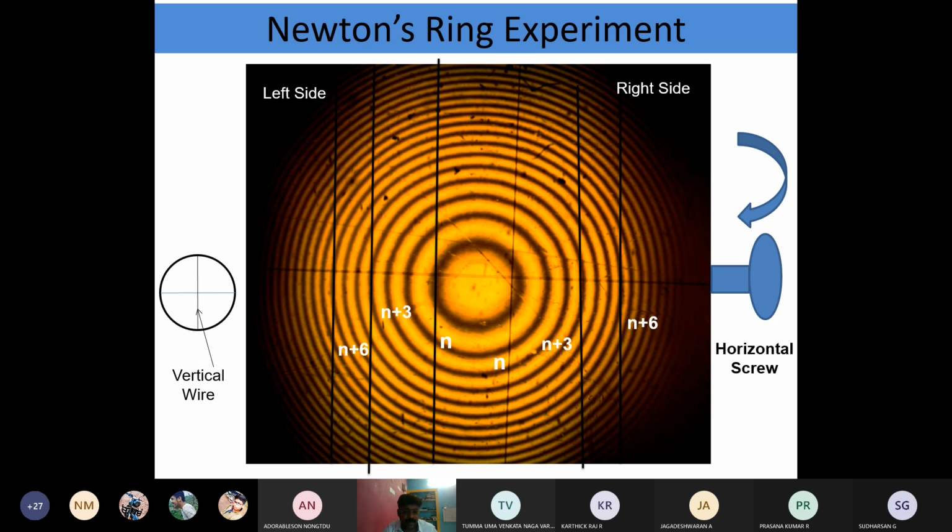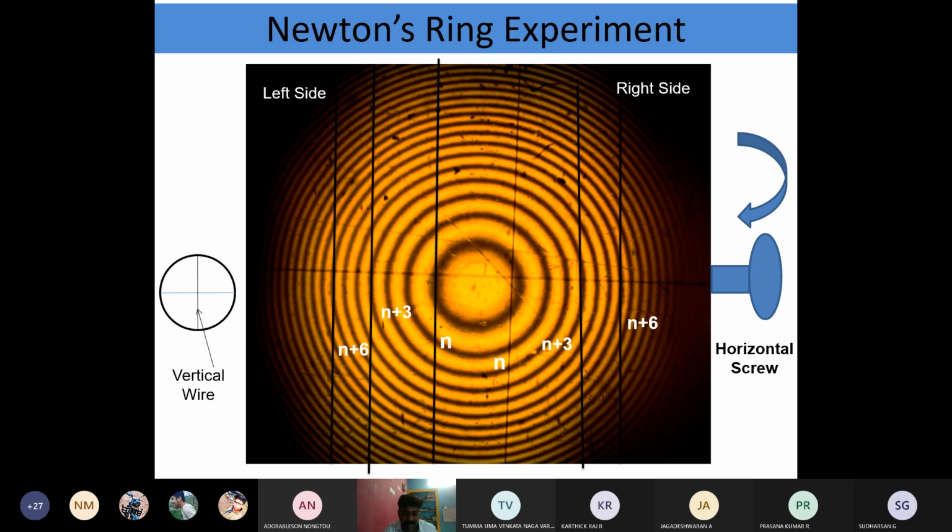On the left side of the Newton's ring, you can see a circle. Inside this circle we have a cross, which is the horizontal wire and the vertical wire. The blue line is the horizontal wire and the black line is the vertical wire. We are going to consider only the vertical wire, because this vertical wire exactly coincides with the ring curve.